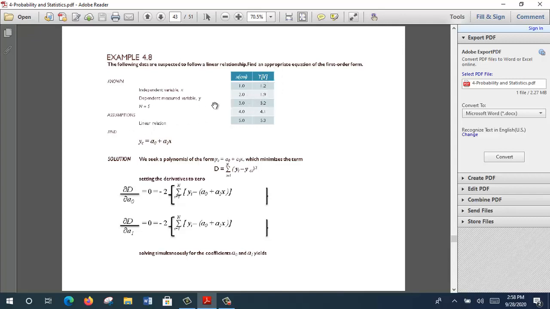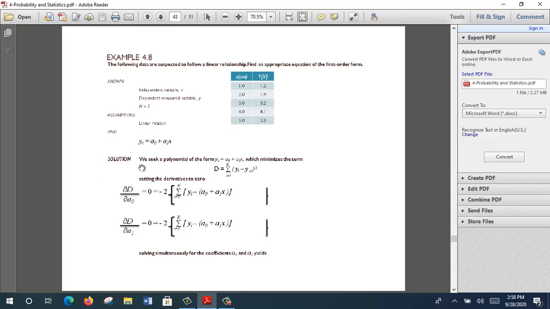Your number of steps will be 5. Now you need to form the formula according to the data provided, which is y equals a0 plus a1x. Your task is to find what a0 and a1 are.